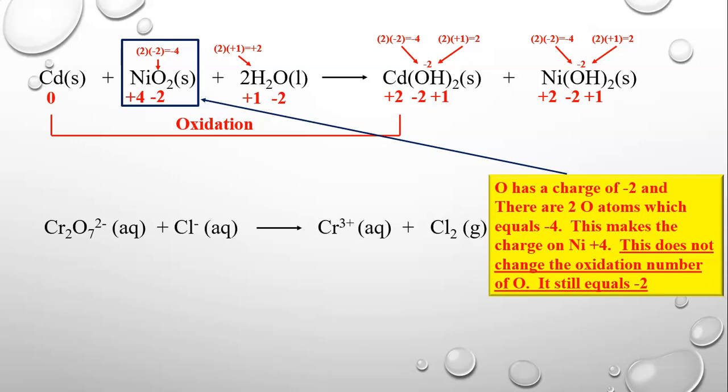That one might not be obvious to remember, but reduced is easier to remember. So reduced is the nickel. It goes from +4 down to +2. So that oxidation number is being reduced, so that's the reduction. So reduction is gain of electrons. The oxidation number is going down. Oxidation is losing electrons. The oxidation number is going up.